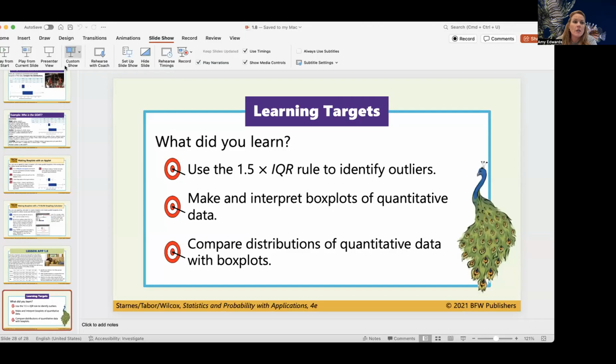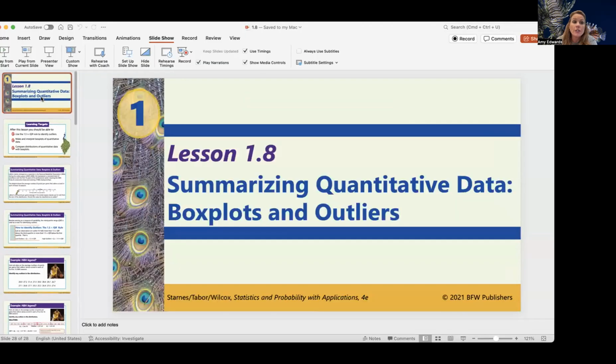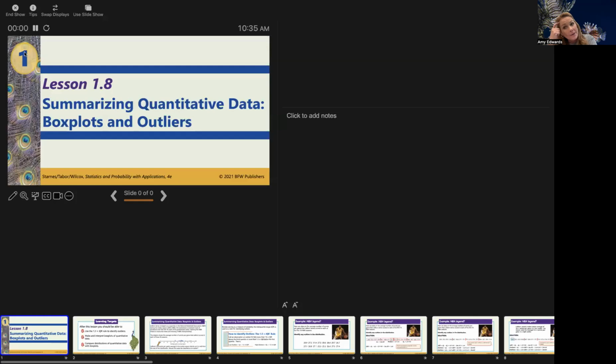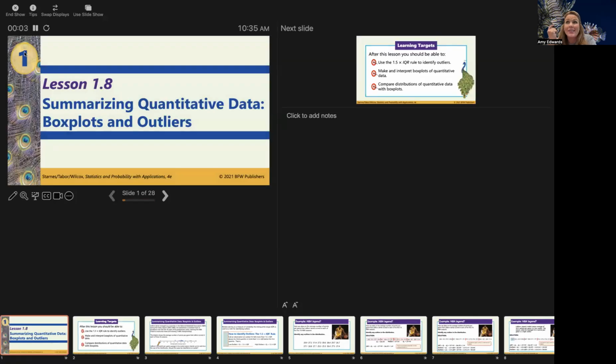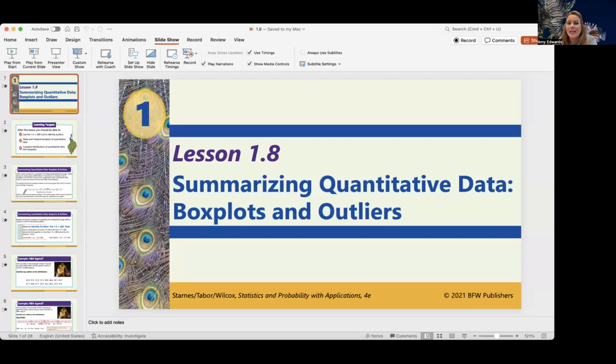All right. So today we are going to do 1.8. And 1.8 is going to be really cool because we've talked a lot about outliers. And right now we've just been kind of guessing on what those outliers are.